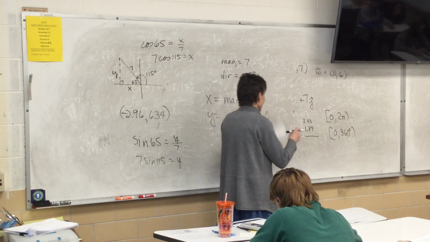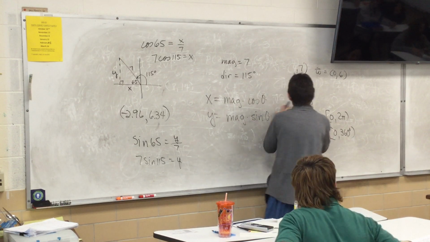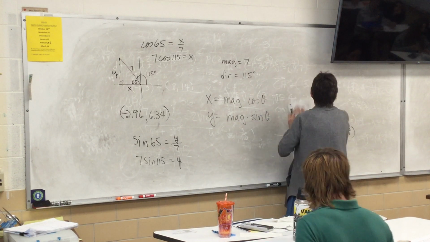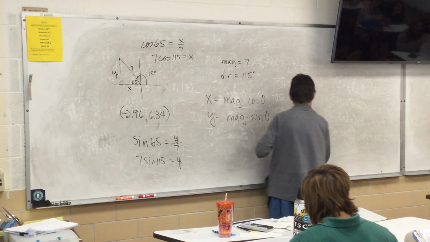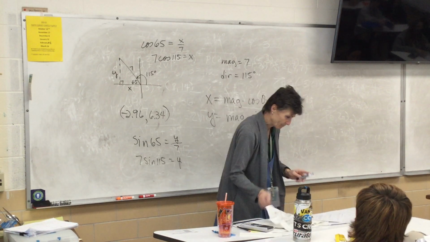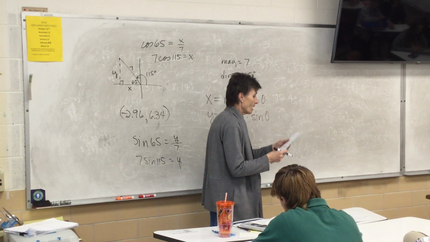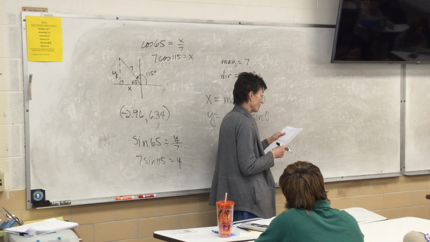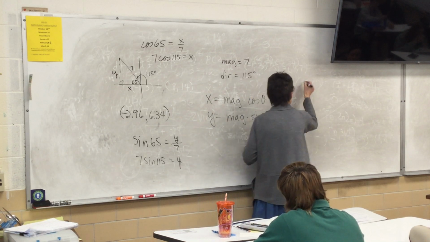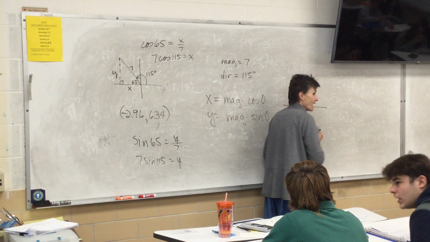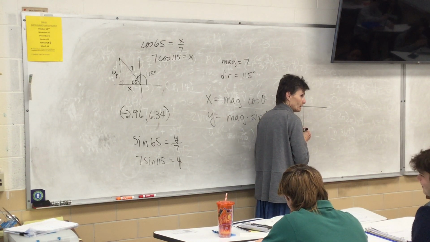Here's where things get a little bit hairy. It's easy, but we have to make sure we're staying alert. A plane is flying on a bearing of 65 degrees, okay? This is a navigational problem.